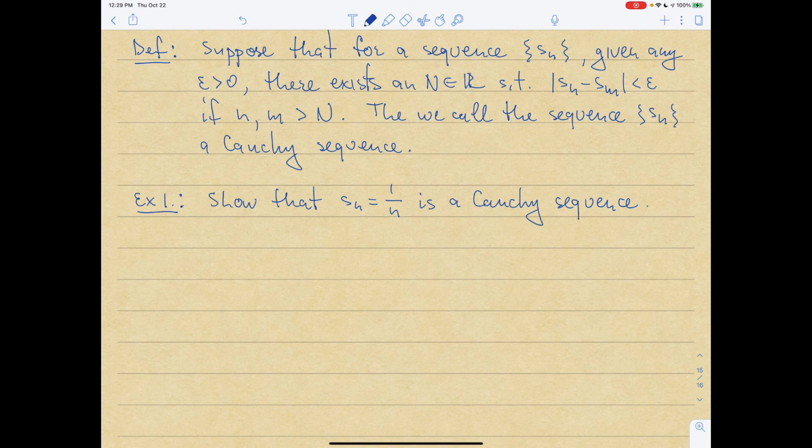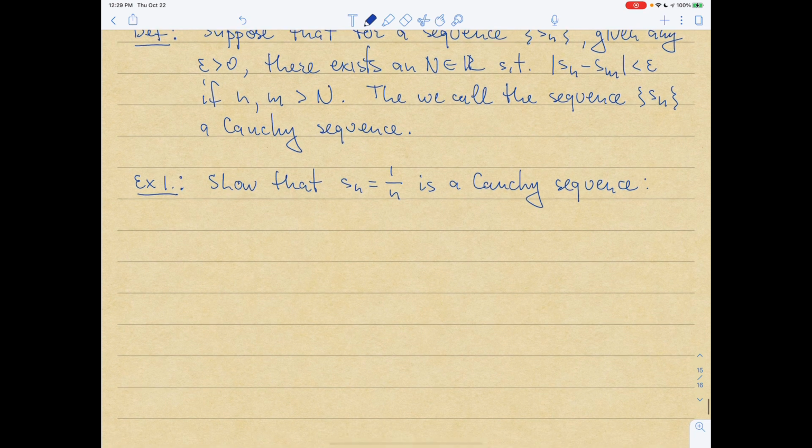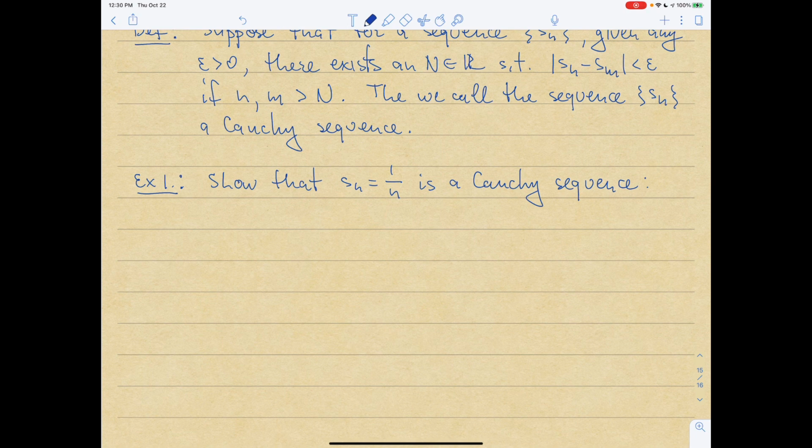How can I do this? Again, we will use the same strategy as before. Let's suppose that we have an epsilon which is greater than 0. What do we want? We want that |Sn minus Sm| should be less than epsilon.